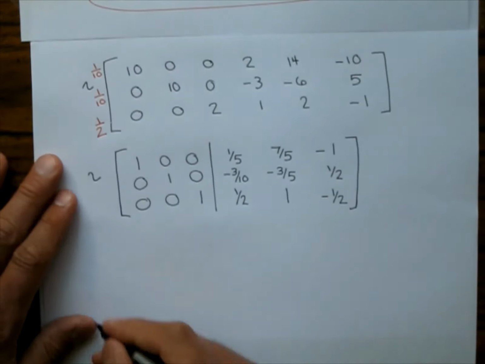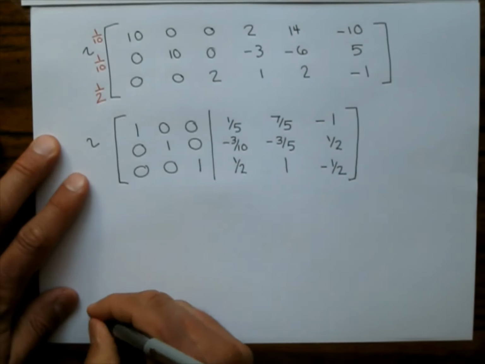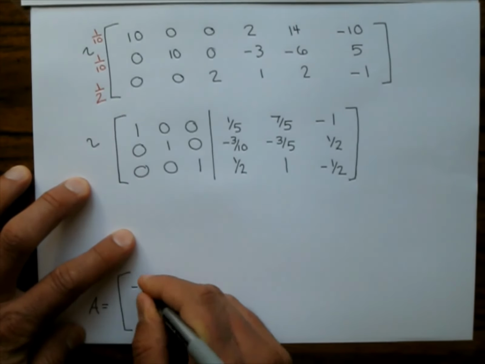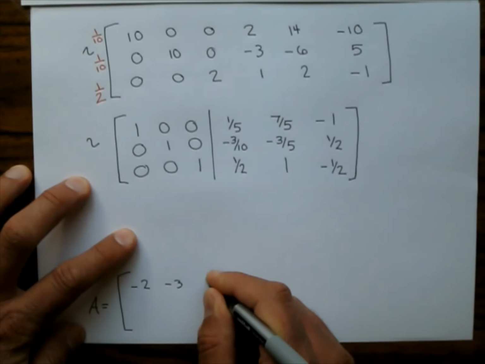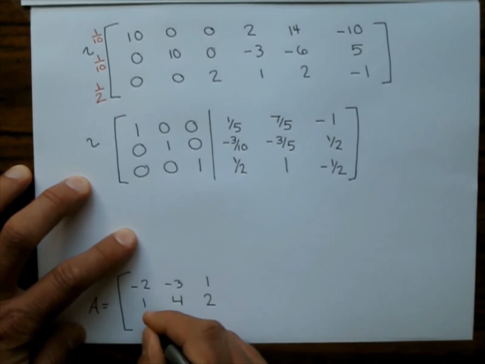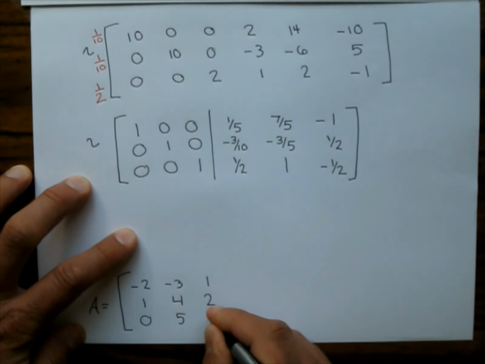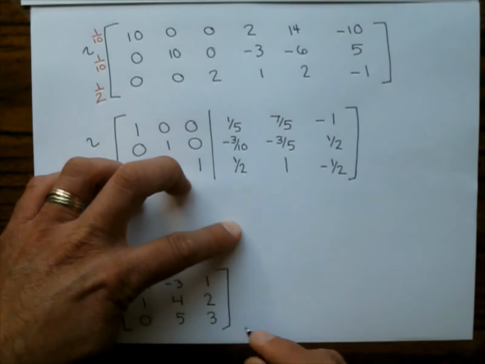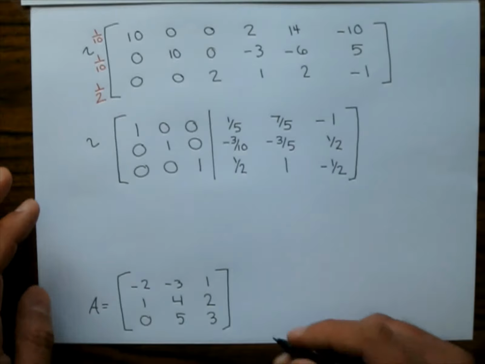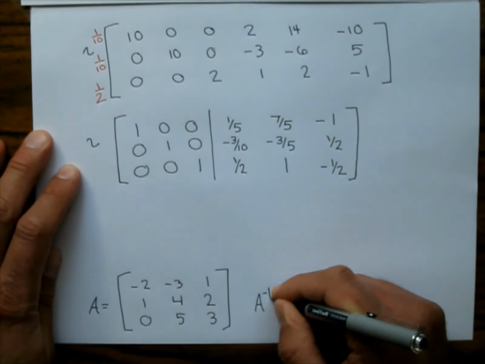So our final answer then is this. And I know this is a little redundant, but here's A. A happens to be negative 2, negative 3, 1, and then 1, 4, 2, and 0, 5, 3. There's a reason I'm doing this. Oh, when you do your test, you should be showing all your work. If I just see the answers, I really can't give too much credit for that. So you have to show your work that you're doing. So here is A inverse. This is what we're looking for.